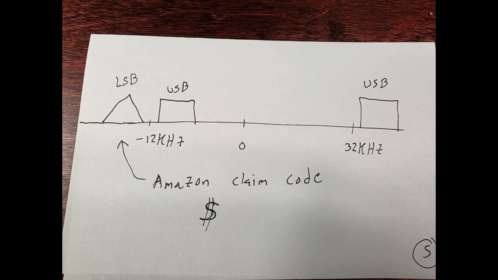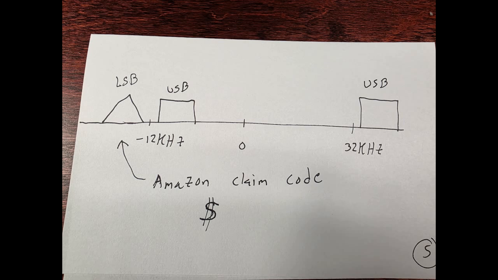All right, slide 5. Again, this is our final spectrum of what's in the IQ file. And for those of you that would like to decode that lower sideband signal at a negative 12 kilohertz offset, the audio will contain an Amazon claim code, so you can get some money there. Now, I'll give you one hint to get the lower sideband signal to work.